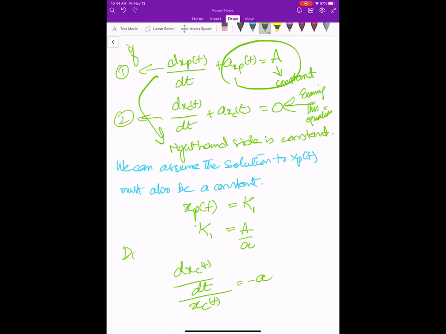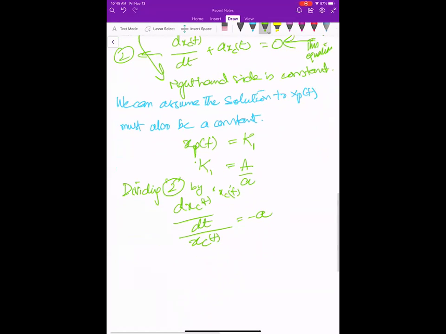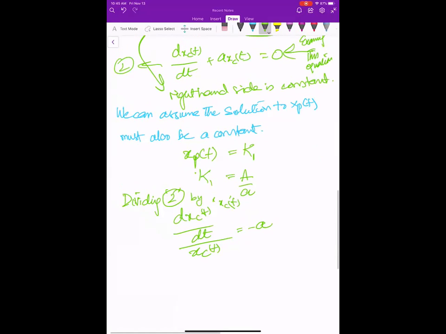So dividing 2 by xc of t will give me this.